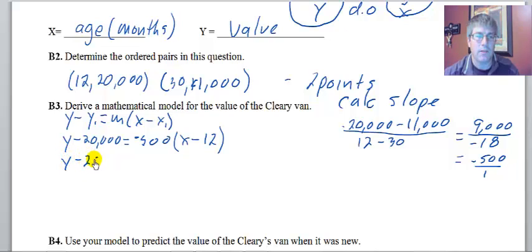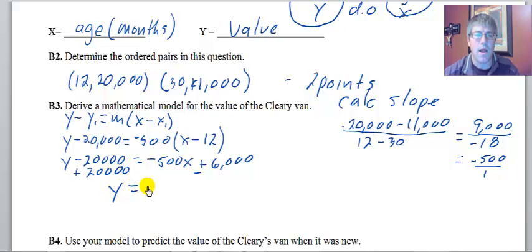So y minus 20,000 equals negative 500x plus 6,000. I add 20,000 to both sides of my equation, and I get an equation of y equals negative 500x plus 26,000.